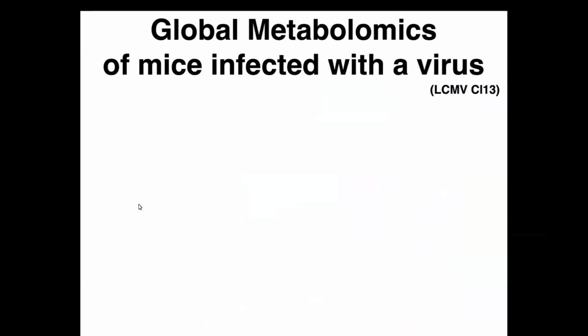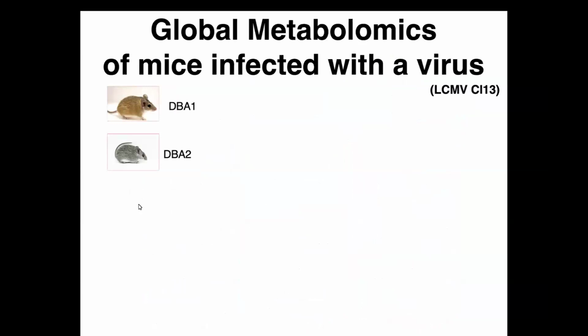Now I am presenting to you a global metabolomic analysis that was performed on plasma samples of mice infected with a virus, LCMV clone 13. There are two mouse strains, DBA1 and DBA2.